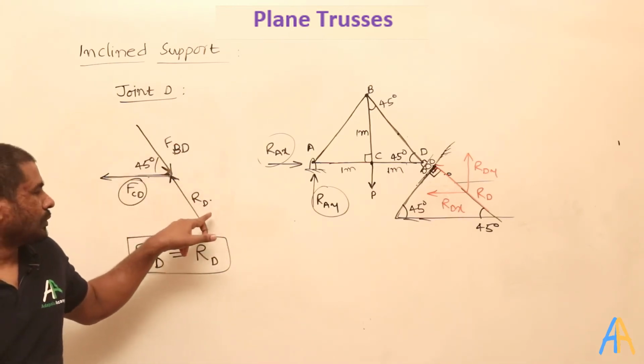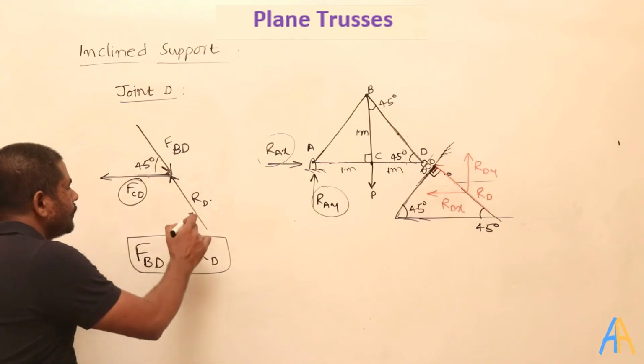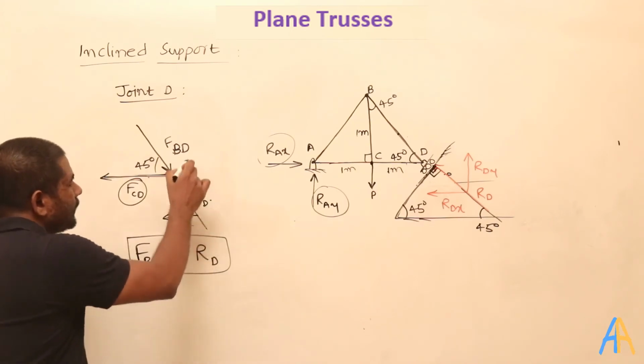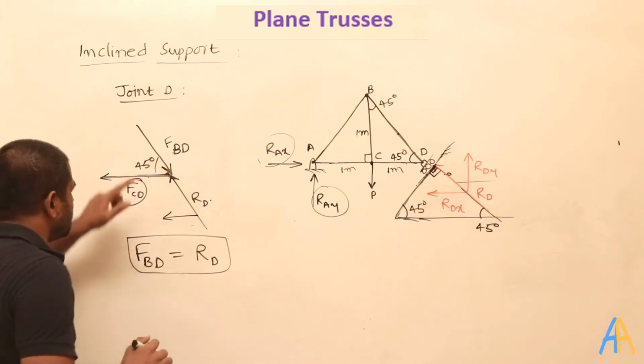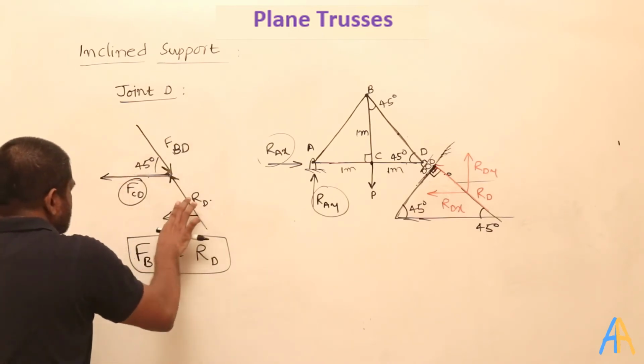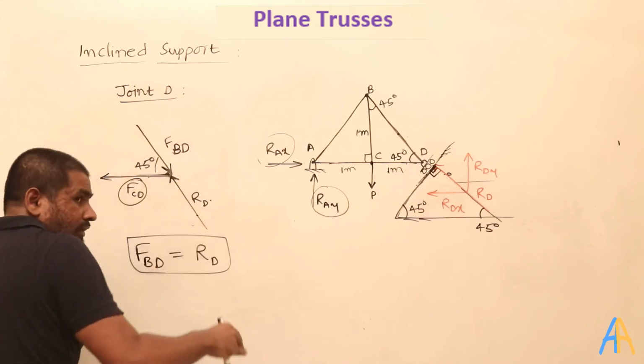You need not write the components of the RD and again equate. You need not write that. Why? Because here this is compensating everything. Understood? Why? Because both are collinear.